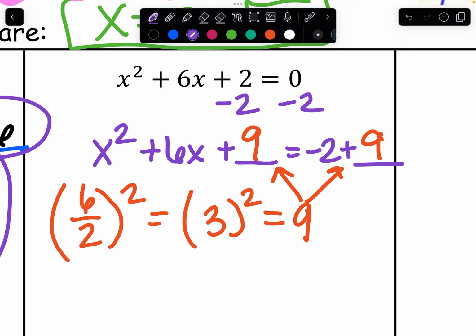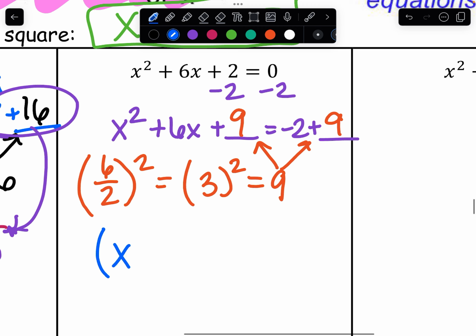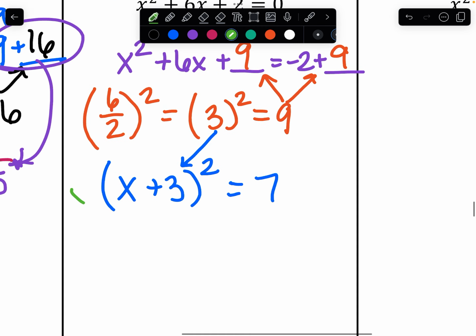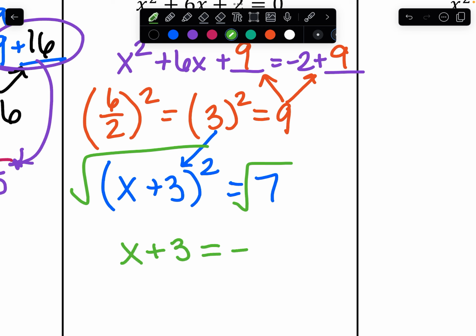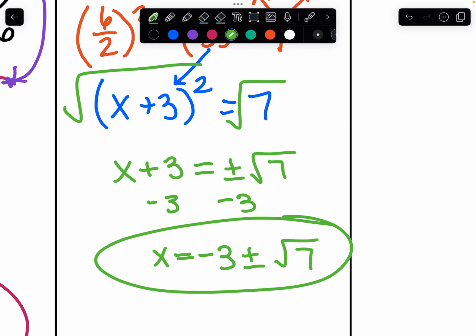And so we are left with a perfect square trinomial, giving us x plus 3 squared, so that number again goes there, equals 7. And from here, we solve with square roots. So square root both sides to get x plus 3 equals plus or minus the square root of 7. 7 is prime, so we can't simplify. And so we get x equals negative 3 plus or minus the square root of 7.